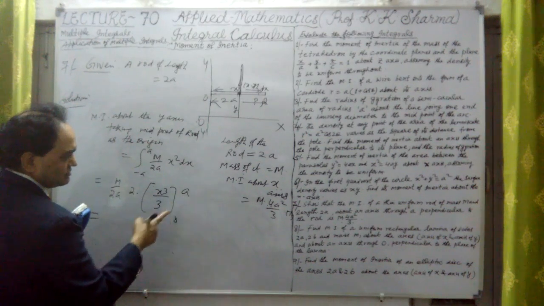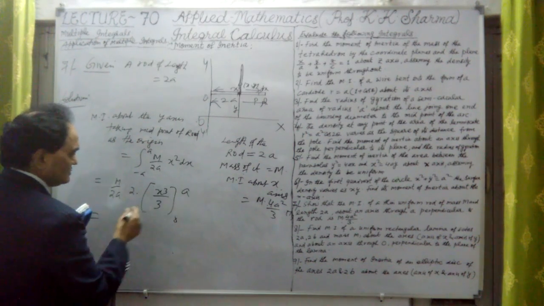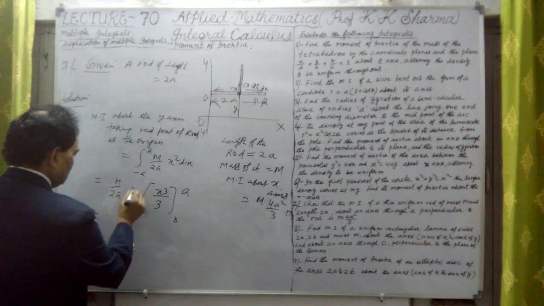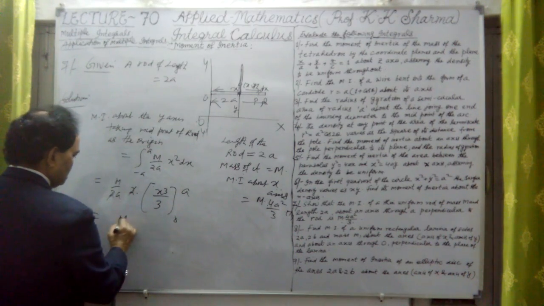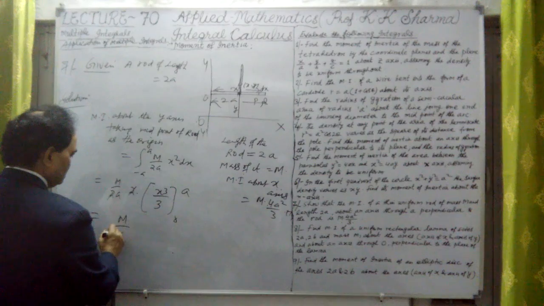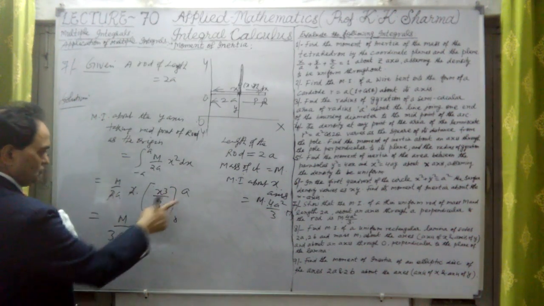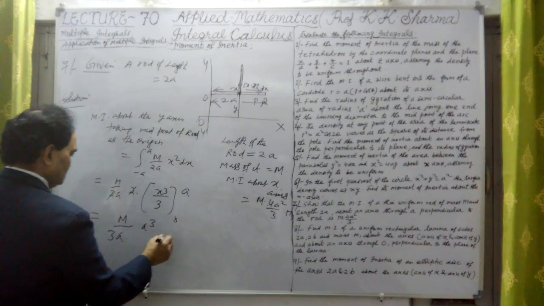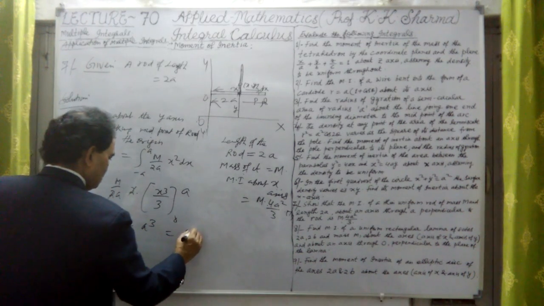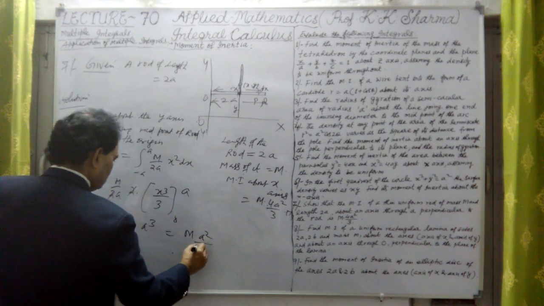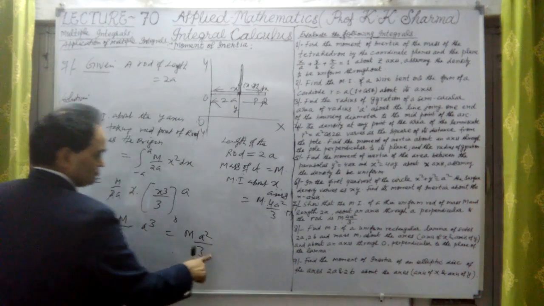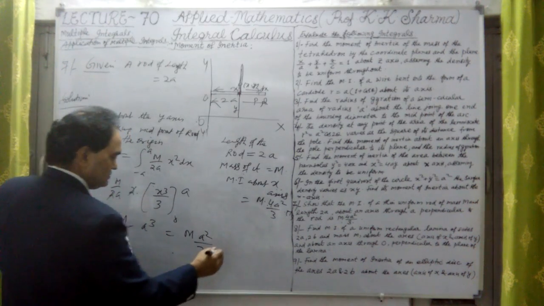This is not required here, but let me find out about the other axis. This will be 2 to cancel out, m upon a into 3, into a cube. The limit is a. So this is m into a square upon 3. This is about y axis. This is another answer.